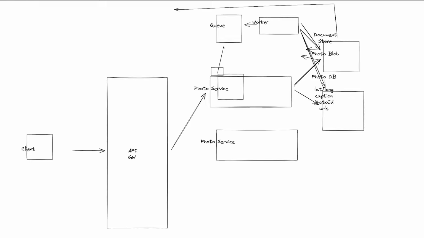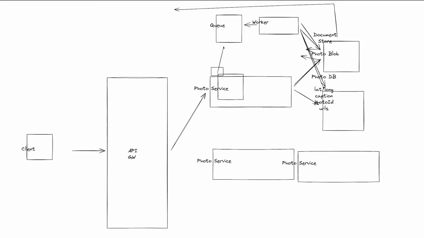As far as follows go, I think we're talking about a pretty simple CRUD operation service here. I think there's a deeper conversation we could have as far as when we're serving images, we'll need to check that a user is able to view that image, and we'll need to check follows in order to do that.